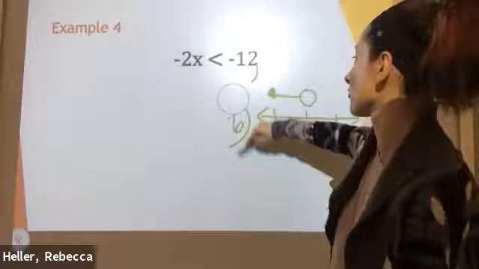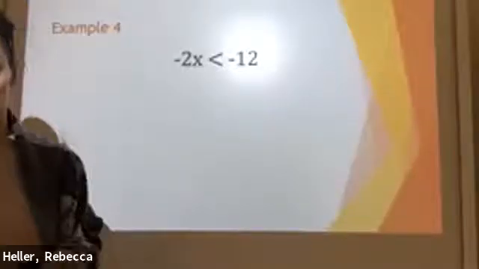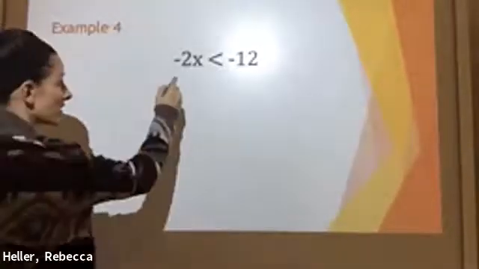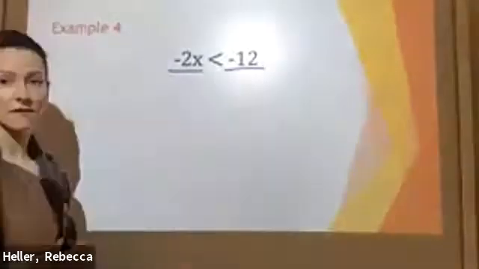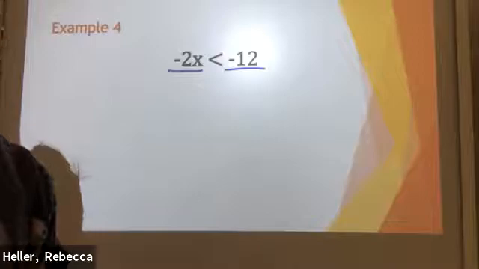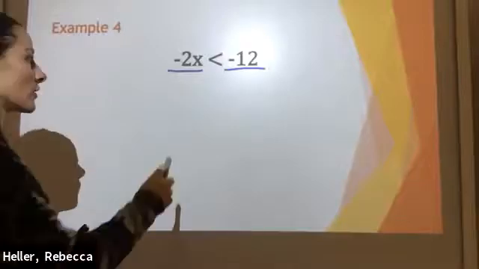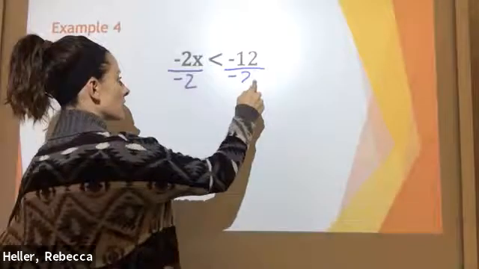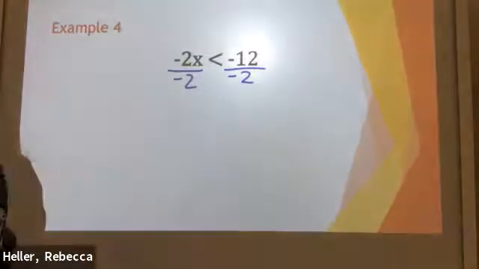All right, so this is the next example. It's almost exactly the same, except instead of a positive 2x, I made it a negative 2x. So instead of dividing on both sides by a positive 2, we would have to divide both sides by a negative 2. Here is the difference between the one we just did and this one.